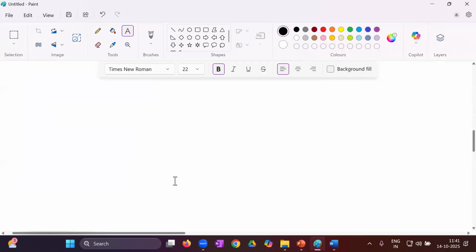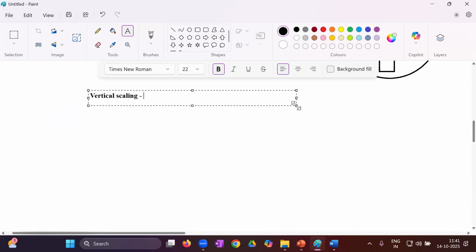So what have we discussed till now? One is vertical scaling. Tell me first, what is vertical scaling? Replacement of the device, like hardware replacement, we can say.